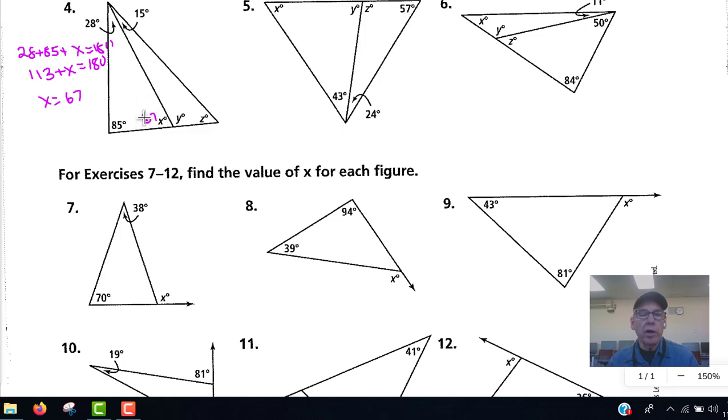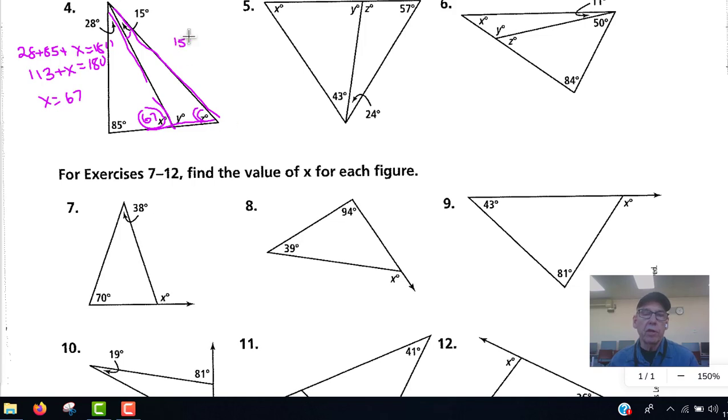Now here's a way we could actually use the exterior angle theorem as kind of a shortcut. Otherwise we have to go for the supplement, which would give us angle y, and then do 180 again, which we're going to have to do anyway. But still, just to use the exterior angle theorem, this 67 degree angle has to be equal to the 15 plus the z.